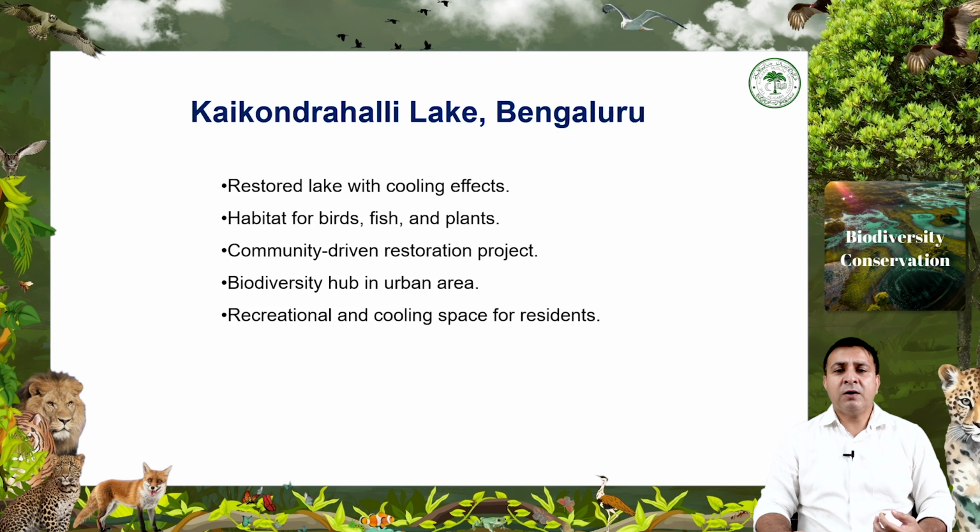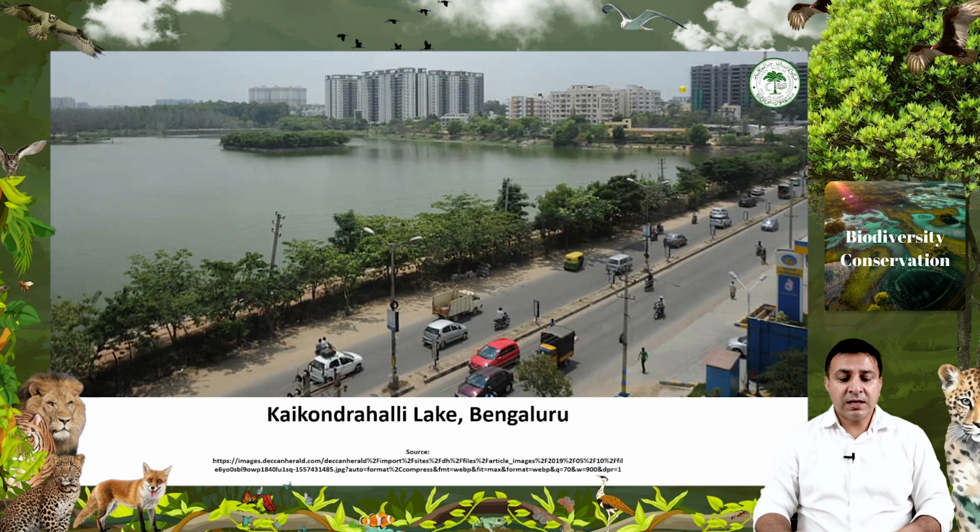This lake is a biodiversity hotspot and has been valued as a recreational space. The lake restoration also highlights how natural water bodies within cities can simultaneously enhance biodiversity on one hand, and on the other hand play a key role in reducing the urban heat island effect.